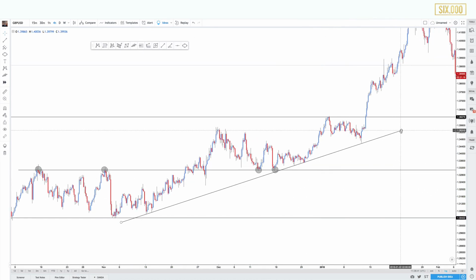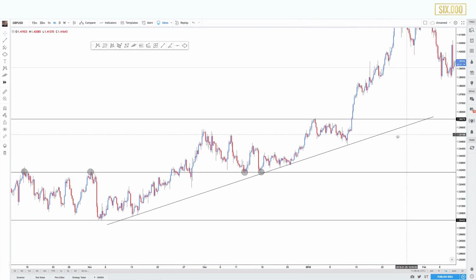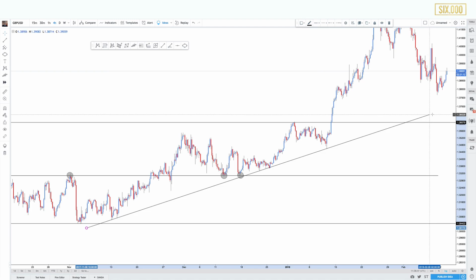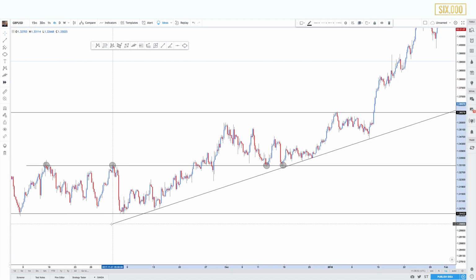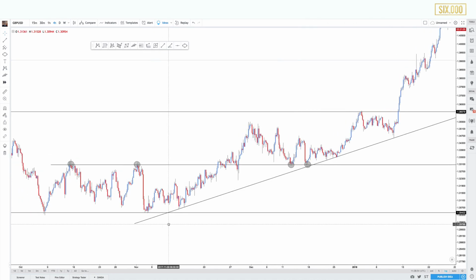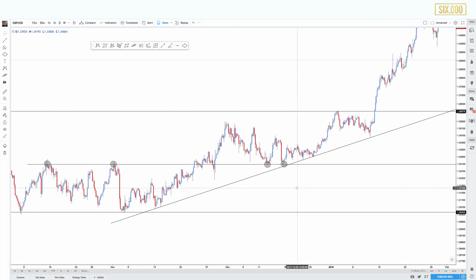So further confirmation of the move up. So again, this all works in your favor. Confluence is a module we will go over at a later date, which is day 11. And it's basically the combination of several trading tools or strategies. They can provide further confirmation for taking a trade.